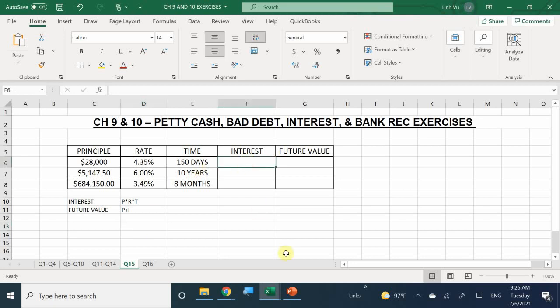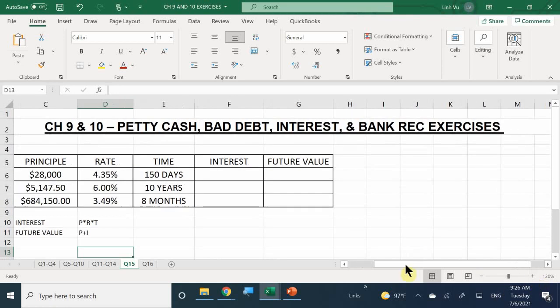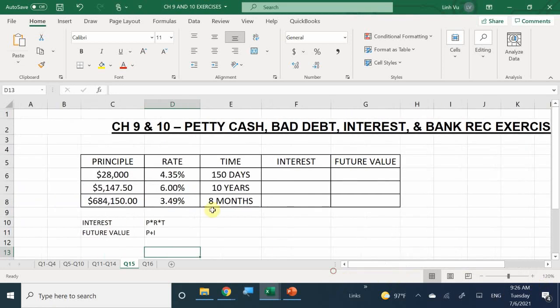So how are we going to calculate this? Why is my time in terms of days? How would we convert this to make it in terms of years?